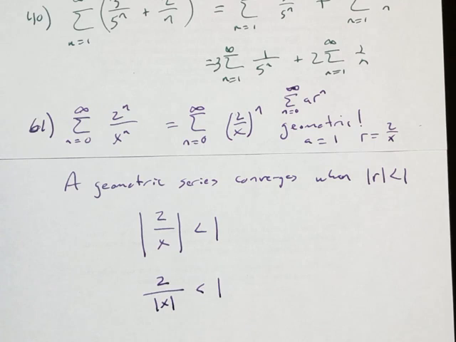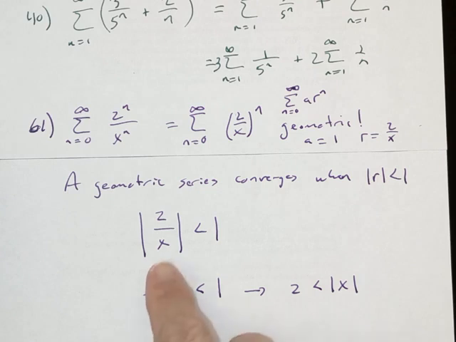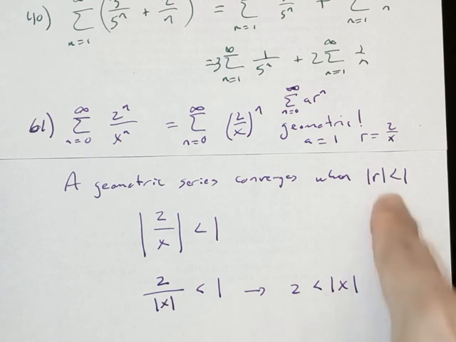And then I can cross multiply, right? So I know this actually only converges when you pick x's that are bigger than 2 in absolute value. If I picked anything larger than 2, 2 over x would be a fraction smaller than 1. That works. If I pick 2 itself, I get 1, and it has to be strictly less than 1, so that doesn't work. If I pick a negative 2, that's negative 1, same deal.